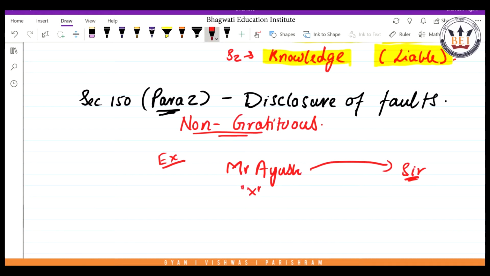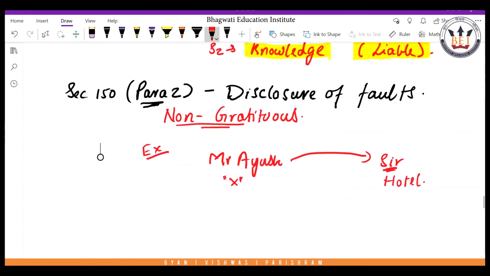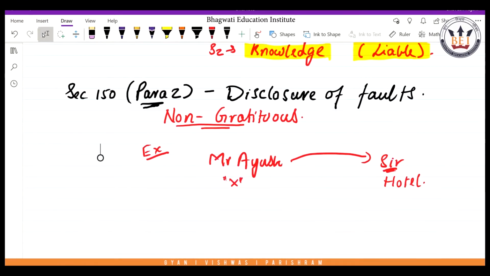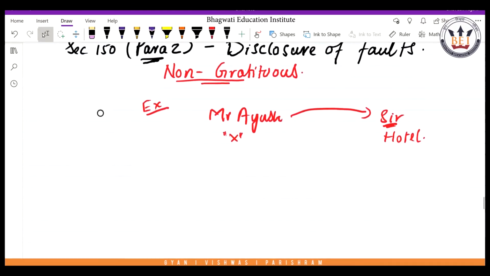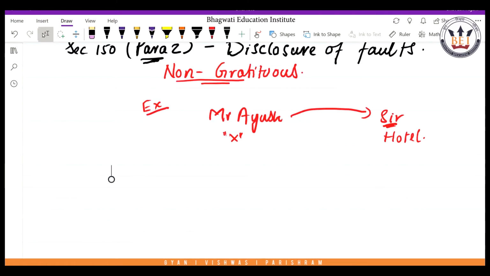Miss X now turns Mrs. Ayush, and over here, sir is the hotel owner, and we are a very lavish hotel providing services to our clients, such as very expensive rooms, buffets, and stuff. Apart from that, we also provide a special arrangement, an arrangement of a boat for a candlelight dinner.